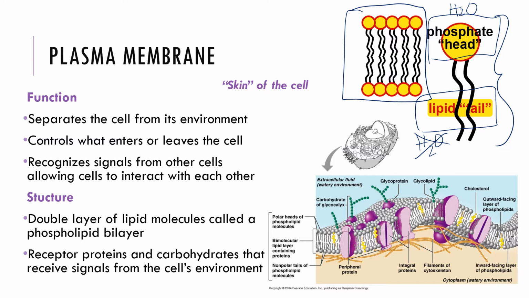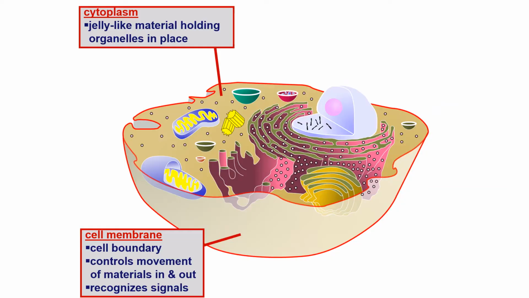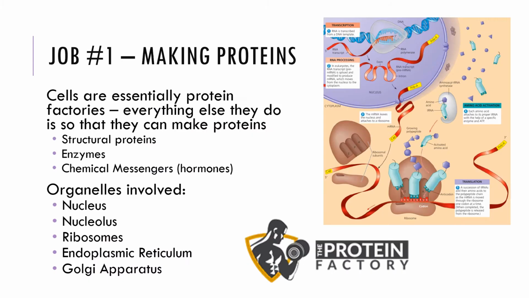And by doing so, it allows the cell to control what comes in and what leaves. It's also important because it'll recognize signals from other cells and allow other cells to interact with each other.